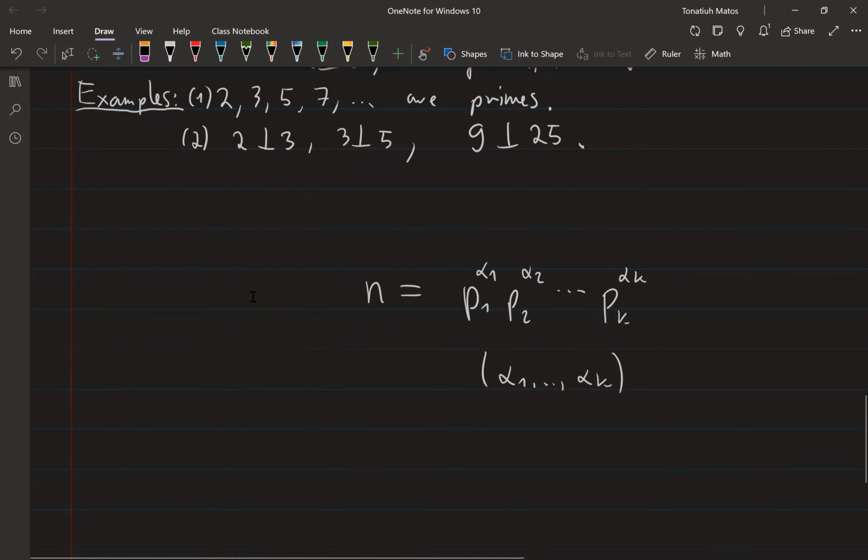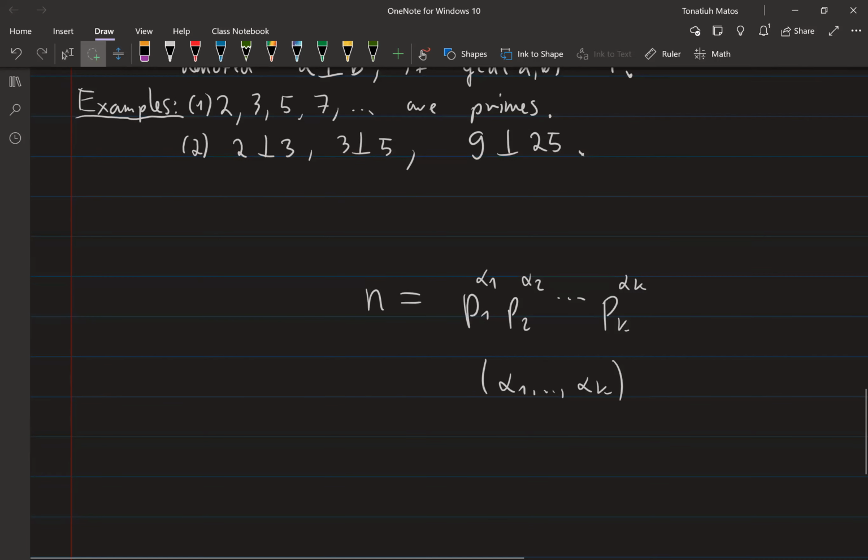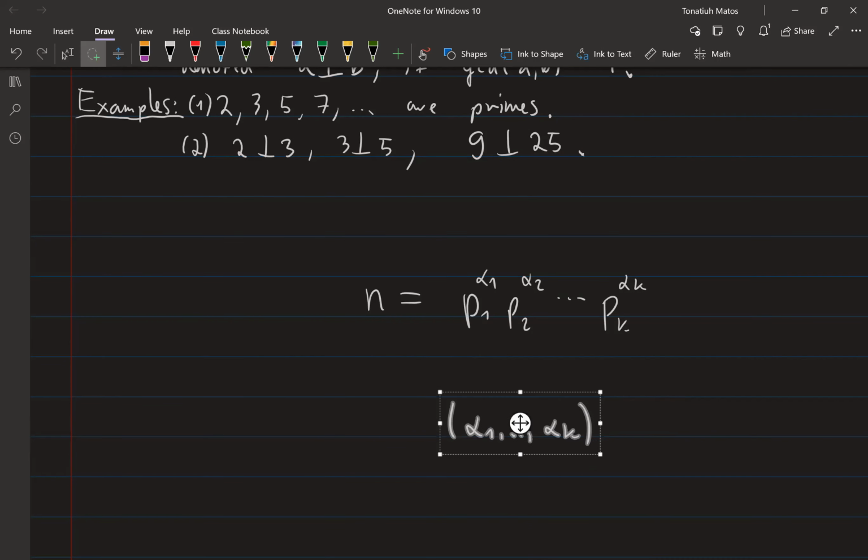Okay, so this is slightly out of the scope of what I'm trying to explain, but this is just to justify the notation in case you're interested. Let's say you take another number m, and then you can always write it in terms of the same primes, right?